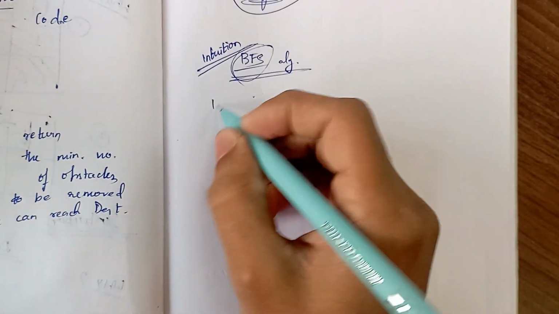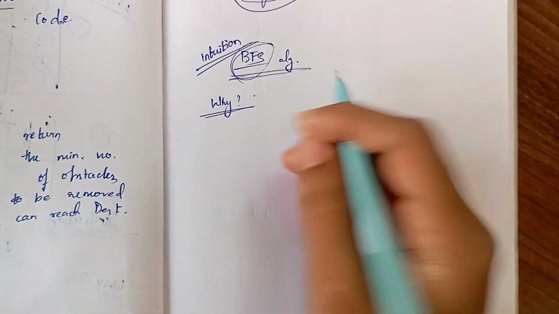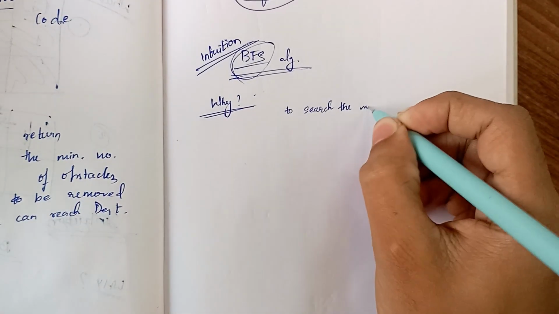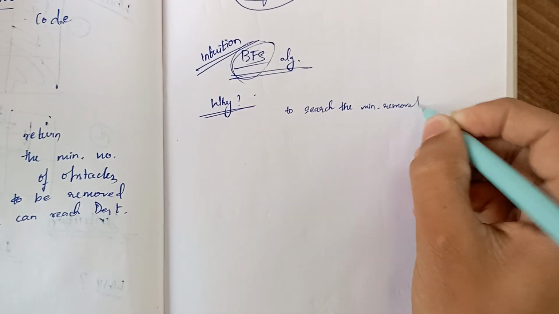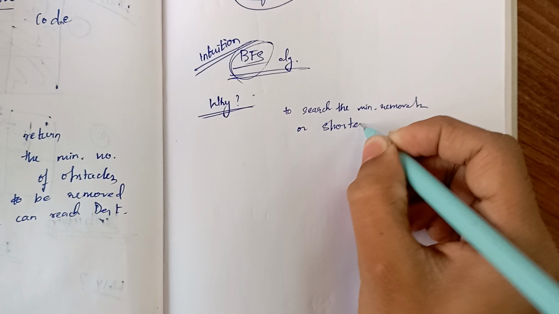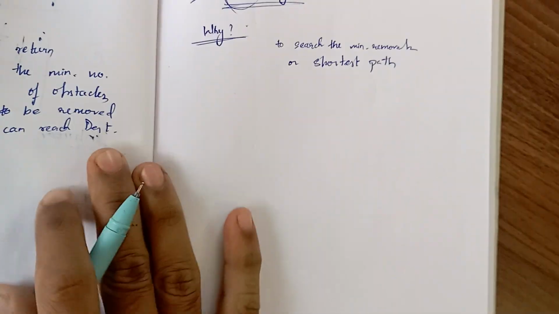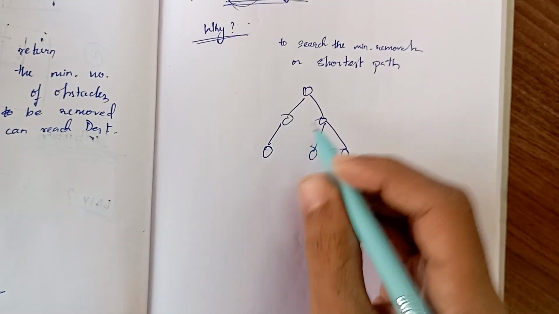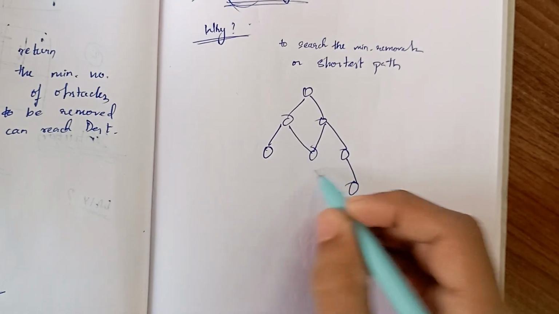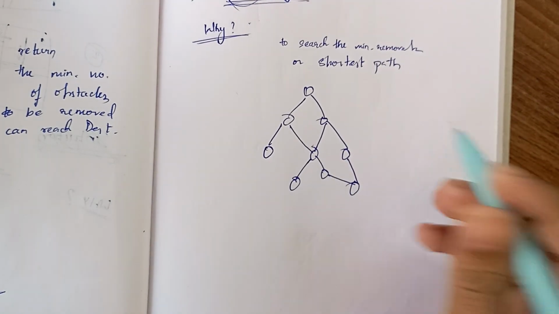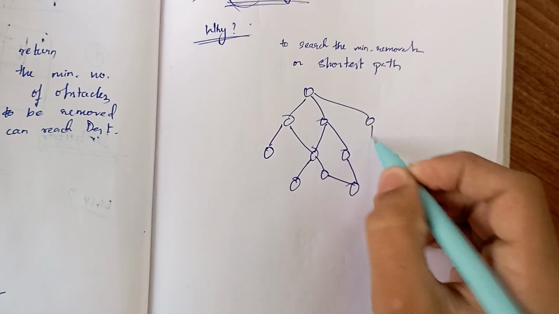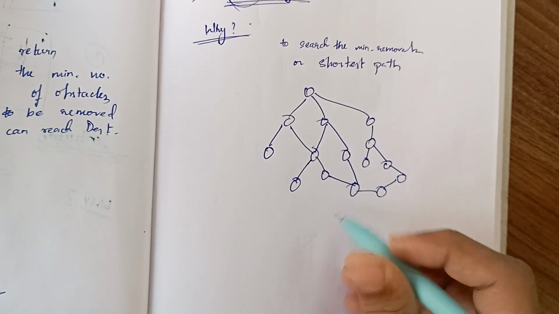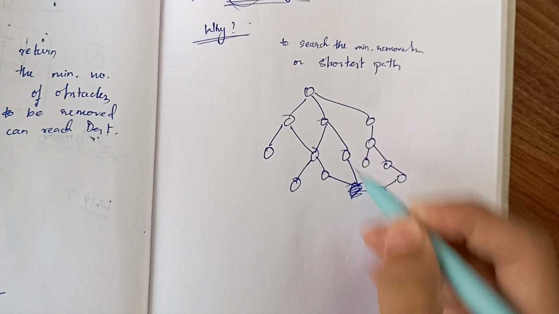Now, why are we using the BFS algorithm? To search for minimum removals or the shortest path. So imagine you are given a graph. Imagine this is our destination and this is our starting point.